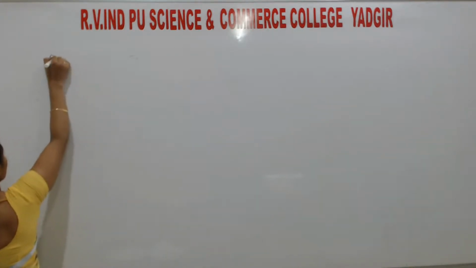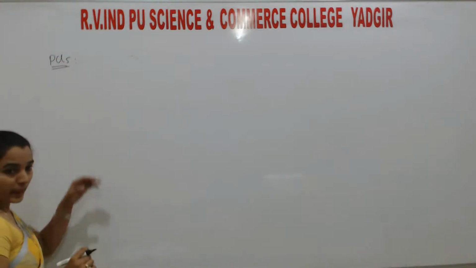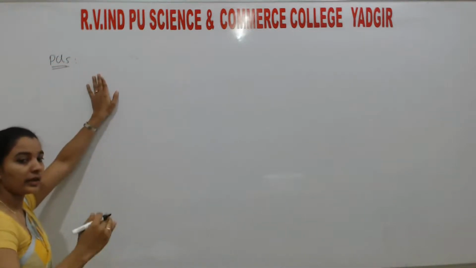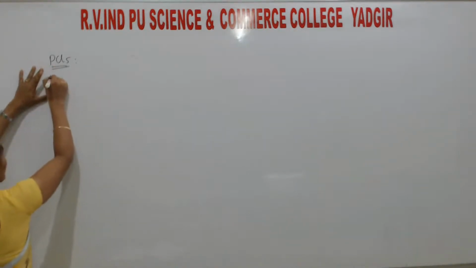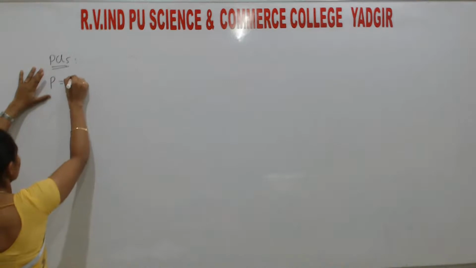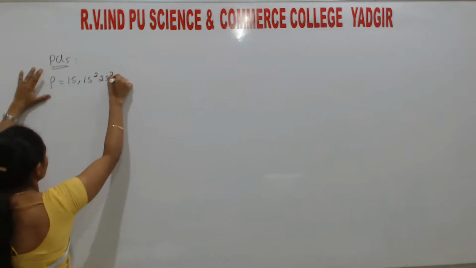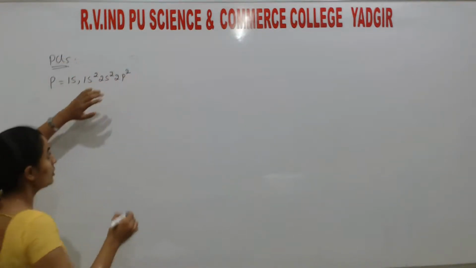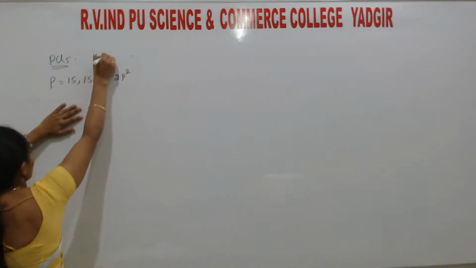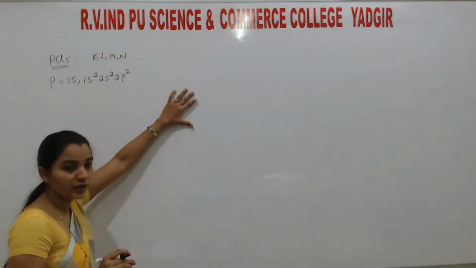Next one is PCl5. So students, initially I won't mention any hybridization here and will directly show you how to find the hybridization. Listen, the atomic number of phosphorus is 15. In hybridization we need to take the K, L, M, N shells, not just the electronic configuration.